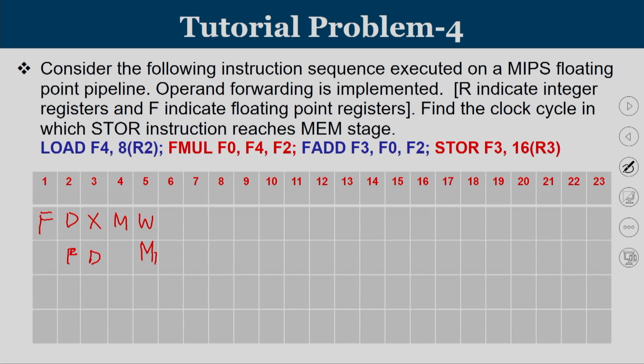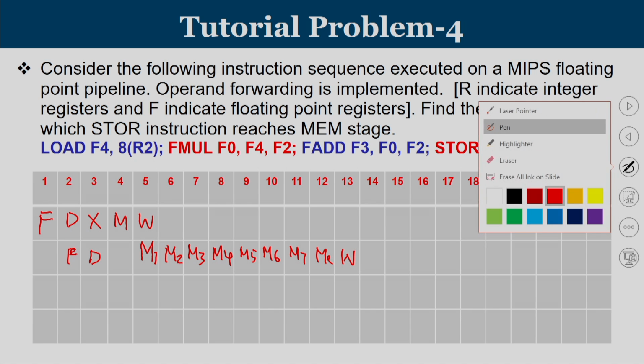So this is your M1, M2, M3, M4, M5, M6 and M7, and here comes the mem stage, and this is the write back stage.